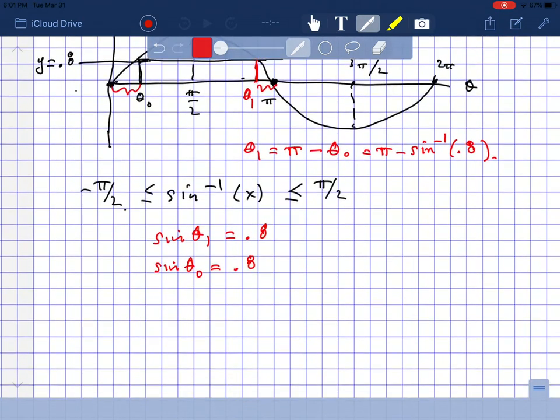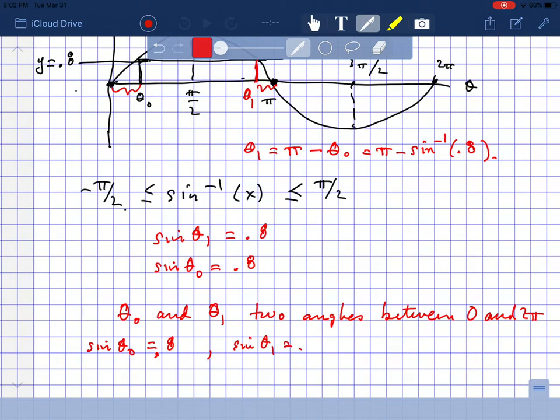Okay. So now I have two angles, theta sub naught and theta sub 1. These are two angles between 0 and 2 pi that solve our basic trig equation. The sine of theta sub naught is equal to 0.8, and the sine of theta sub 1 is equal to 0.8.